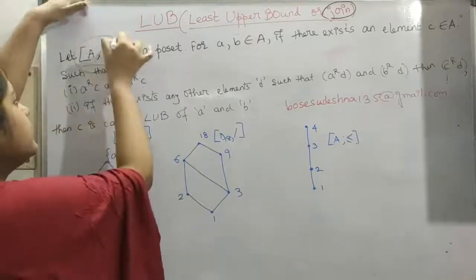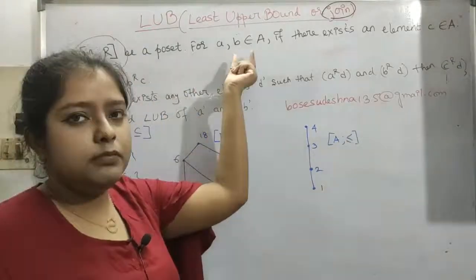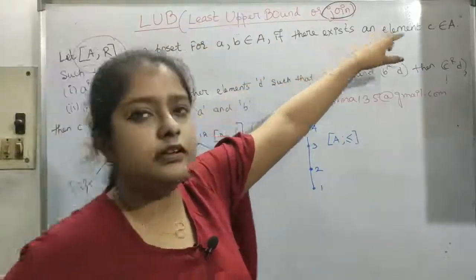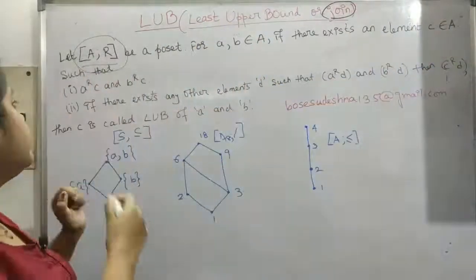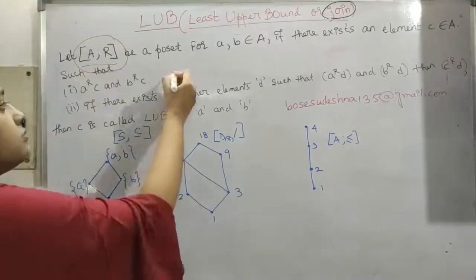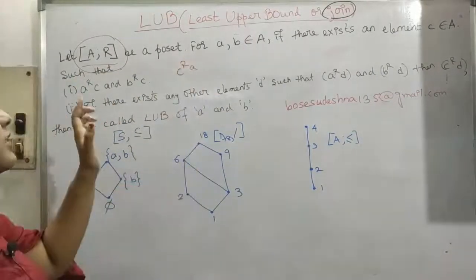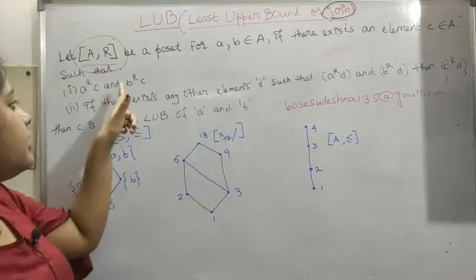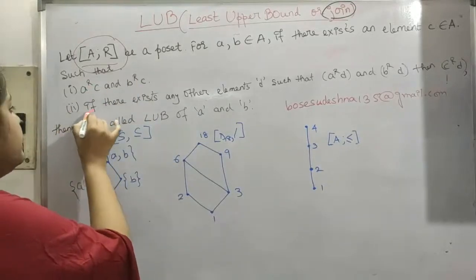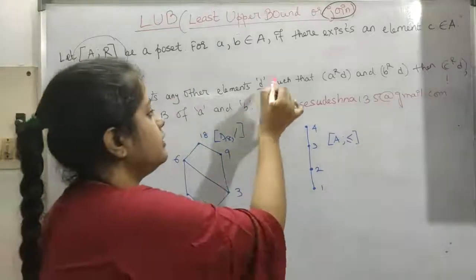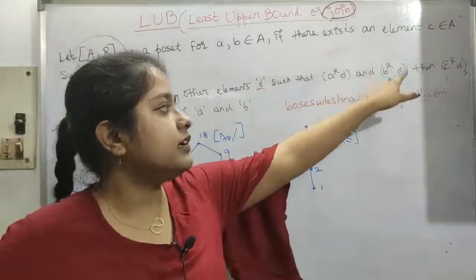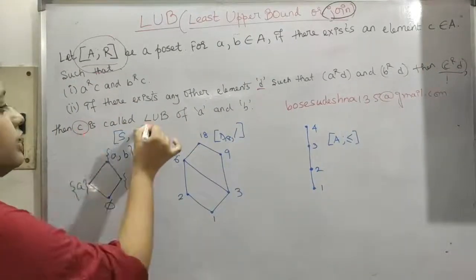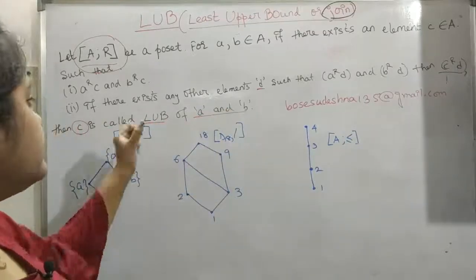For A, B belonging to A, if there exists another element C which belongs to A, such that A is related to C and B is related to C, and number 2, if there exists any other element D such that A is related to D and B is related to D, then C is related to D. Then C is called the LUB of A and B.